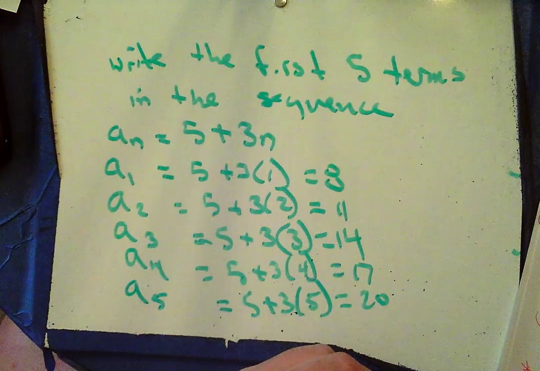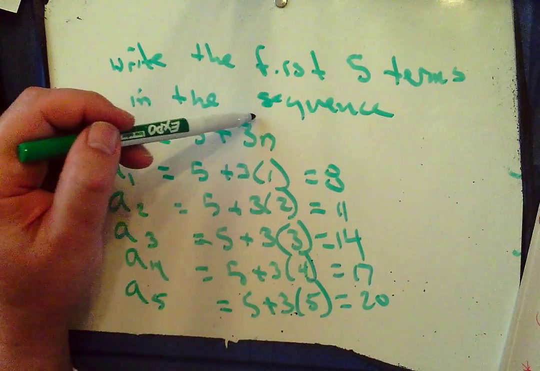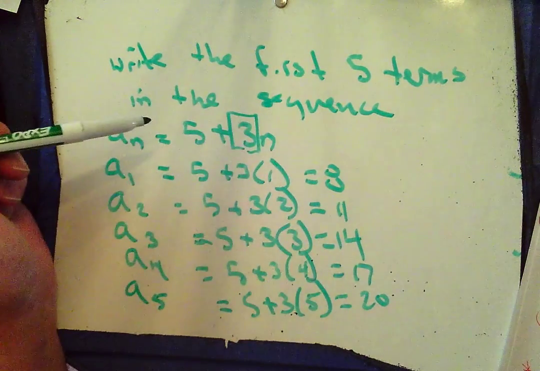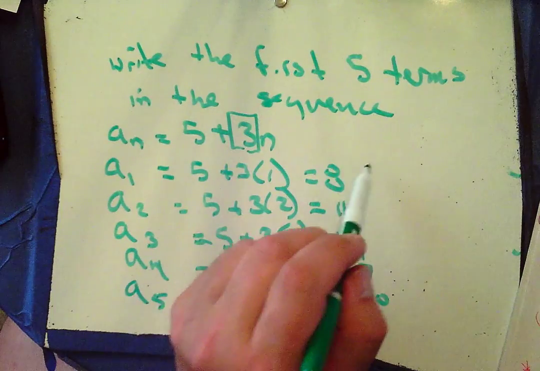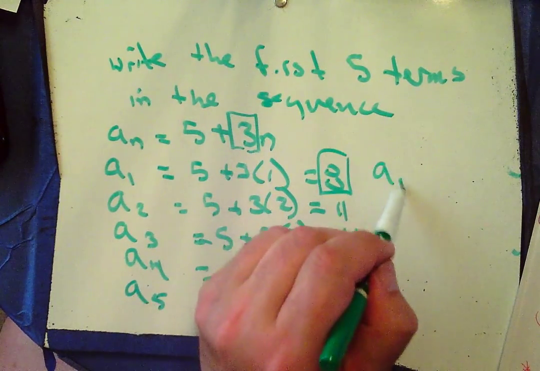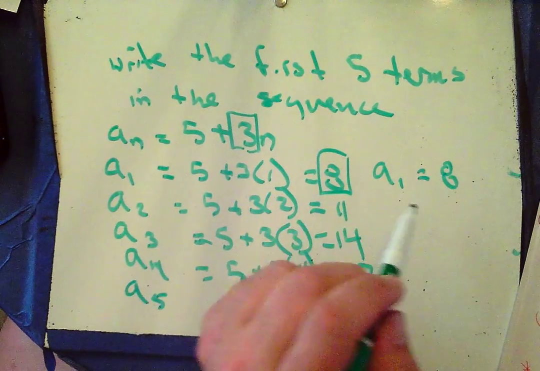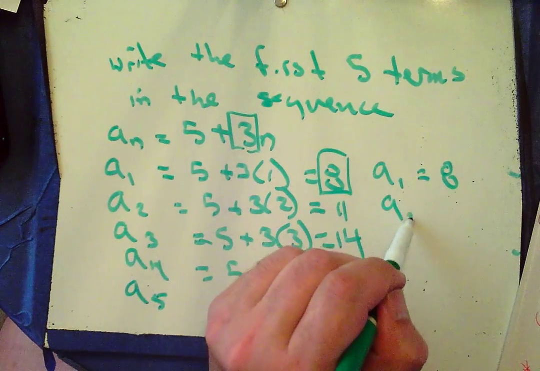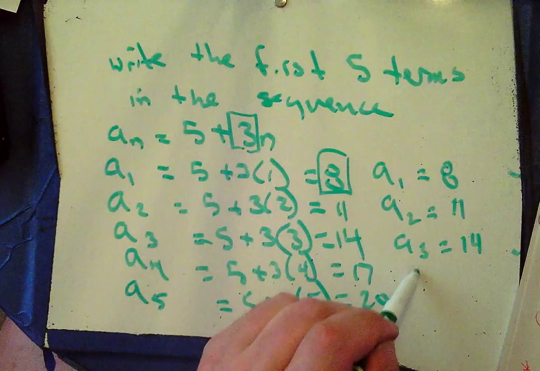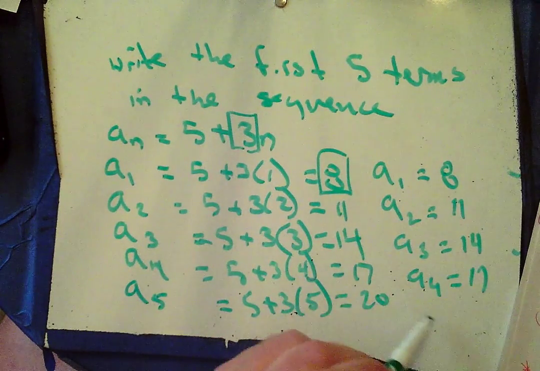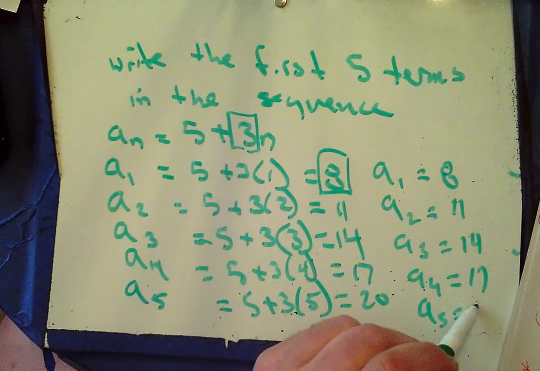Now, some students identify this as the common difference. And so once they find the first one, aha, I know a sub 1 equals 8, then they just add 3. A sub 2 is 11, a sub 3 equals 14, a sub 4 is 17, a sub 5 is 20.